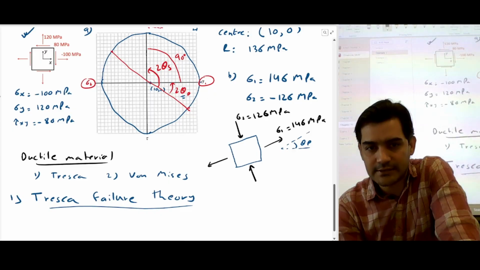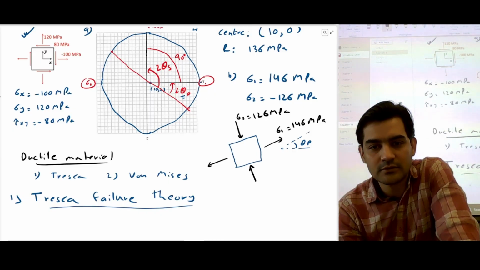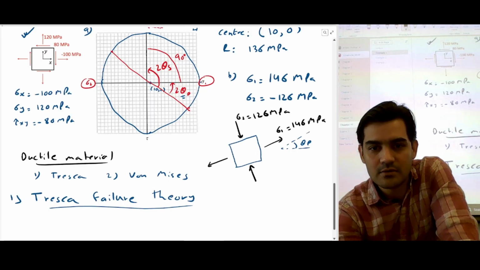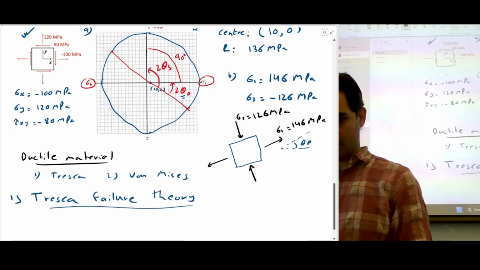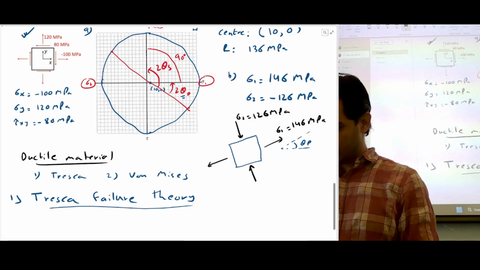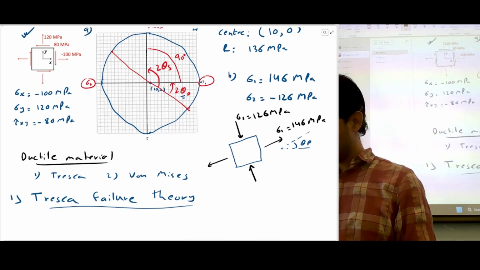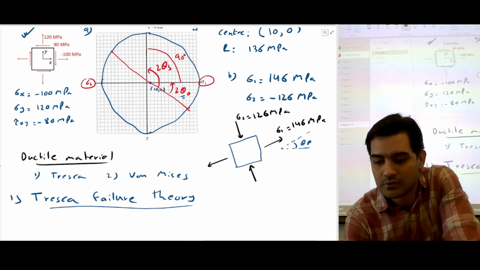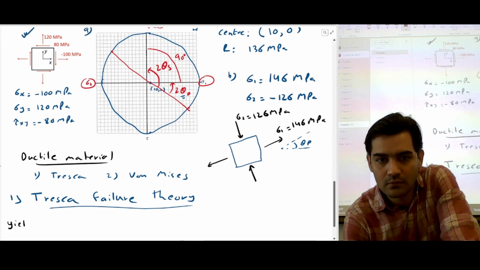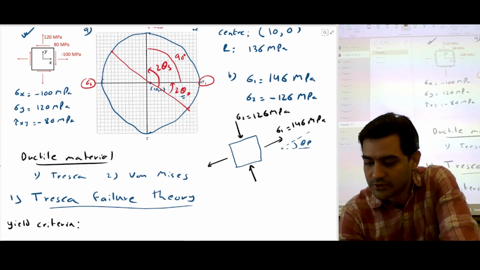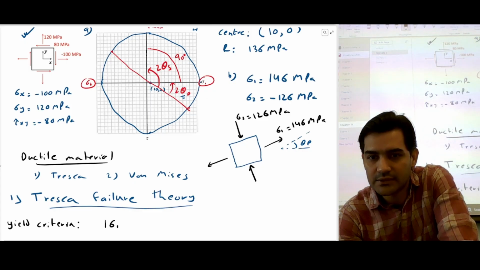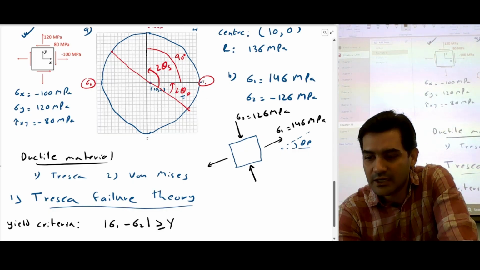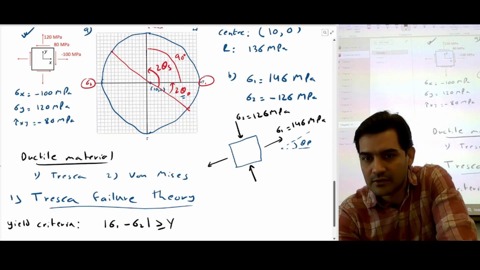So it says yielding will happen. I'm going to write down the yield criteria for Tresca theory. The yield criteria is stress 1 minus stress 2; if it's more than yield, then we're going to observe failure.